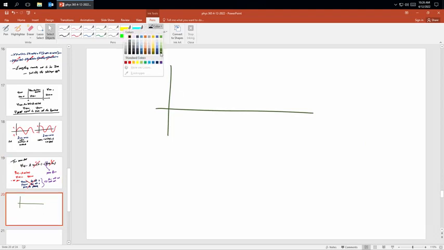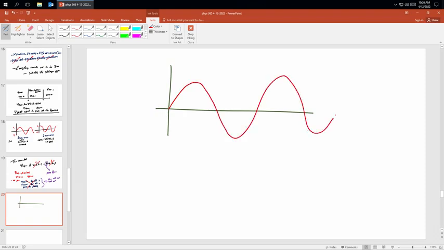So when you actually look at the sine wave, this would be your pi, this would be your 2 pi, 3 pi, etc. So sine ka is going to equal 0.